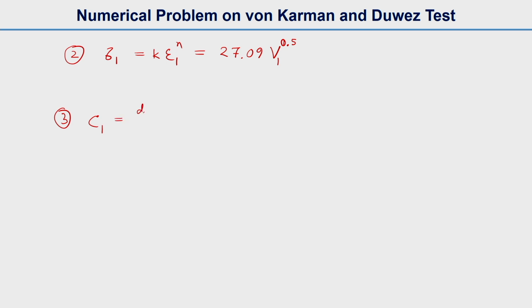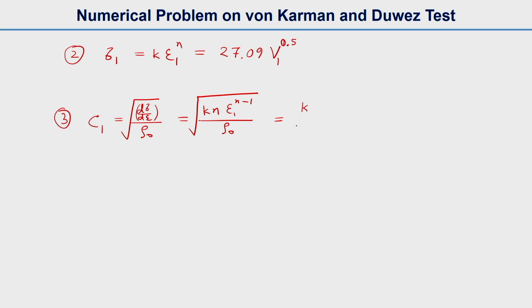The plastic wave velocity is the square root of the derivative of sigma with respect to epsilon divided by rho naught. Taking n and k, after differentiation we get n epsilon 1 to the power n minus 1, over rho naught, and then we put the expression for epsilon 1 in terms of V1.